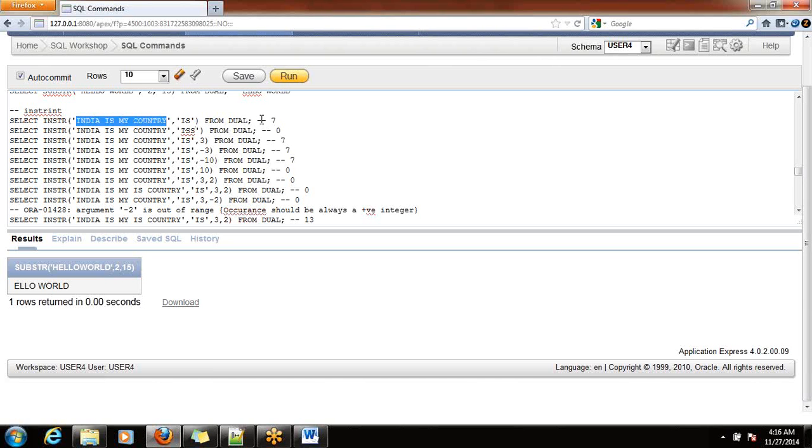If it is present, give me the position of it. So here you can see the position 1, 2, 3, 4, 5, 6, 7. At 7th position it is available. Let me execute this. Yes, it gives 7th position as the result.